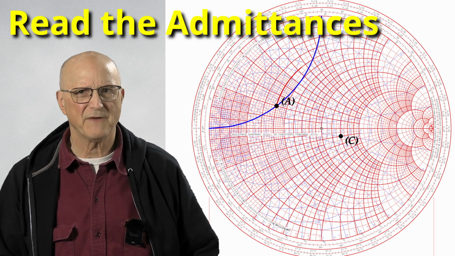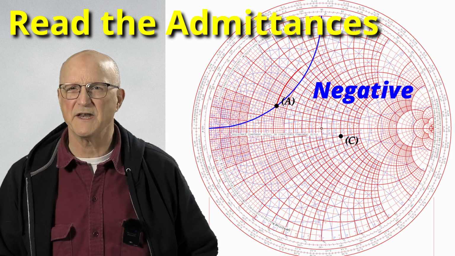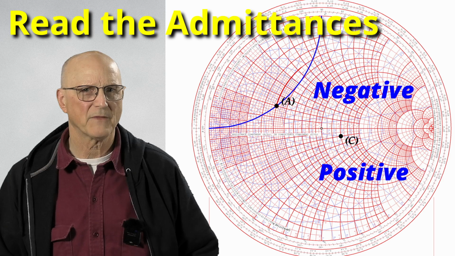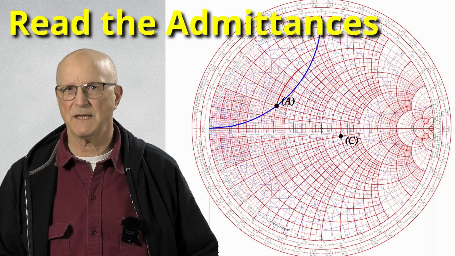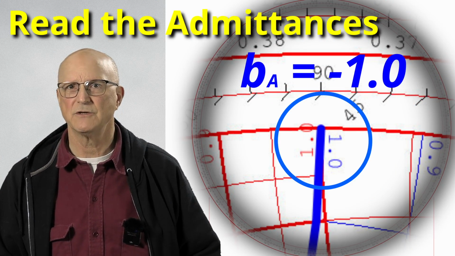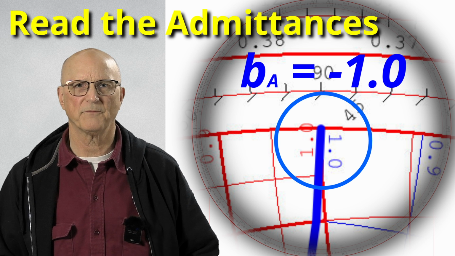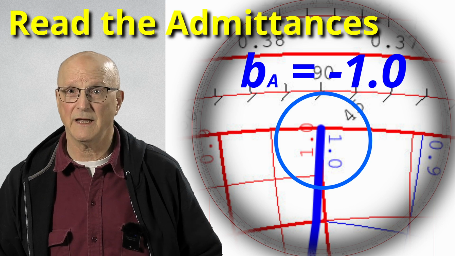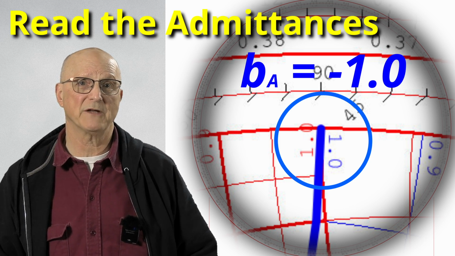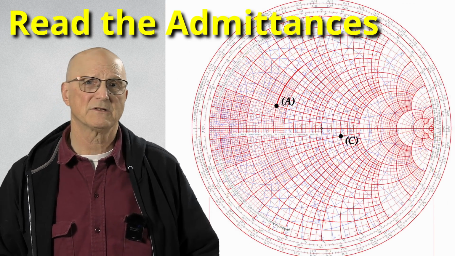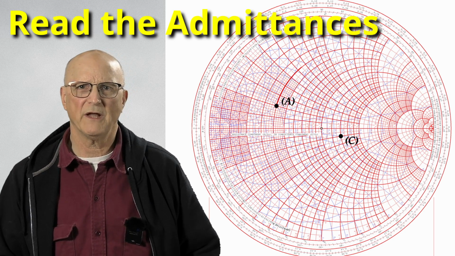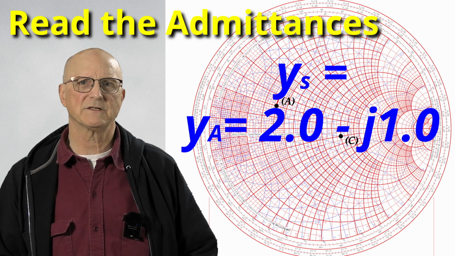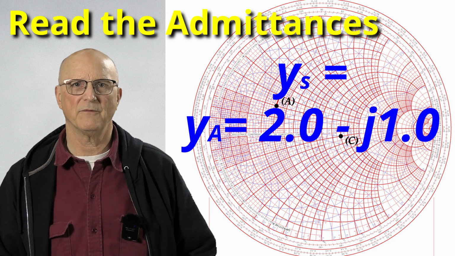Remember, susceptance values above the equator are negative and below the equator are positive. I see here a susceptance value of minus j1.0. This is the part that we're going to be most interested in as we design our impedance matching network. So, the source's normalized admittance is equal to 2.0 minus j1.0.